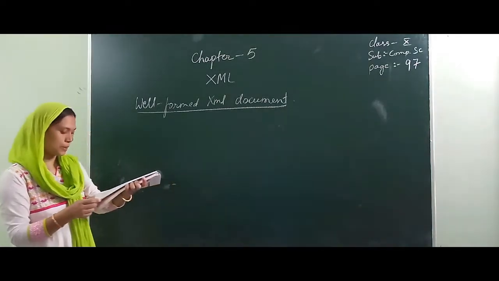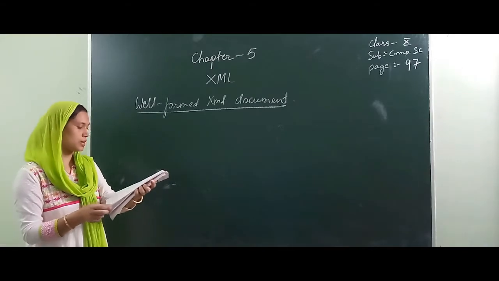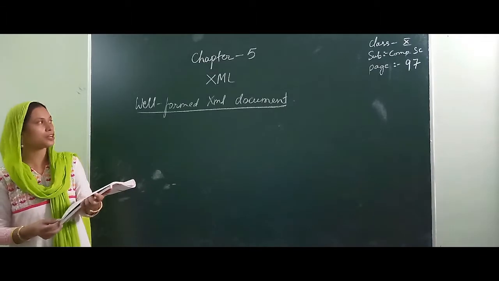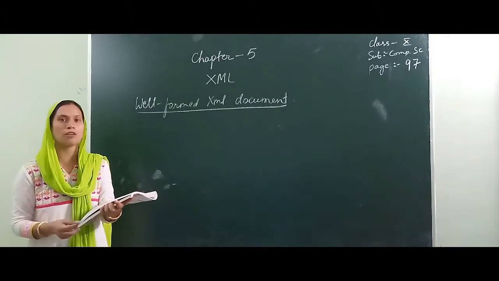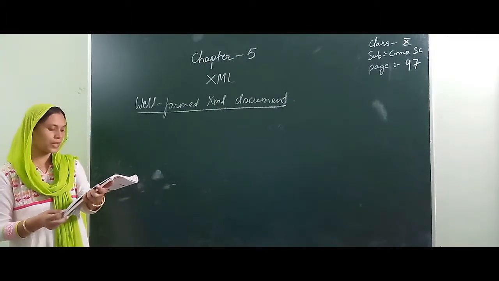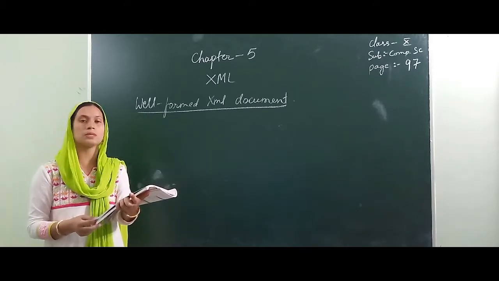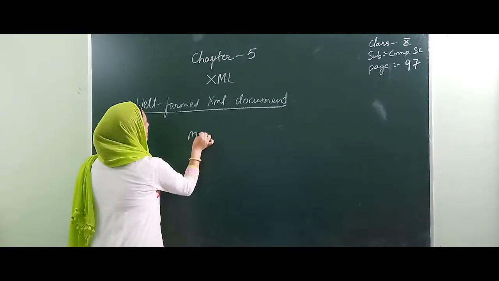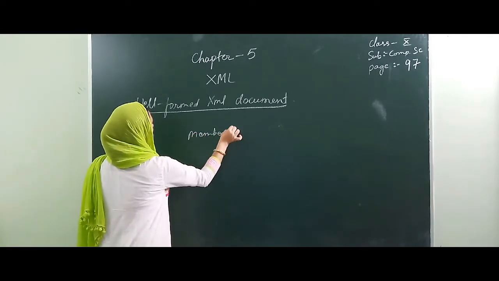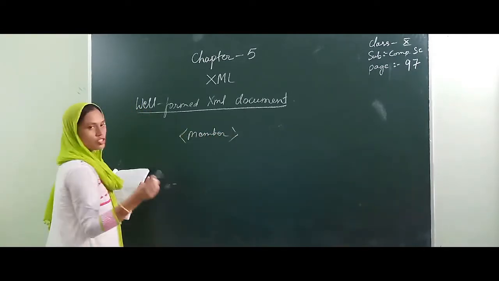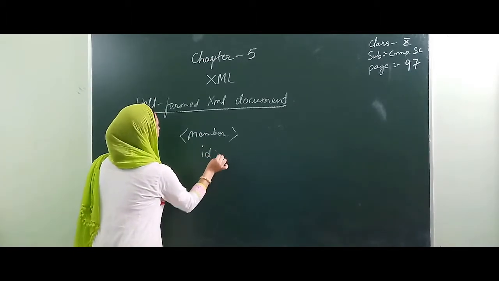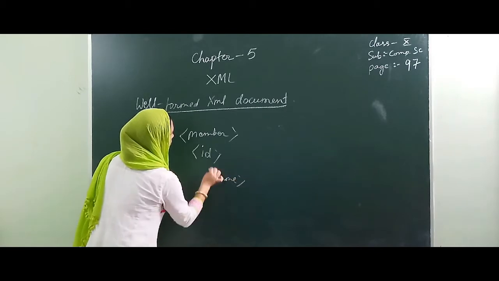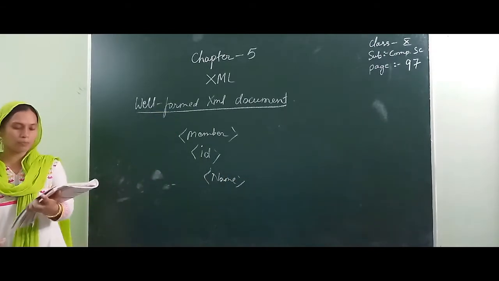For that, open page number 97. In page number 97, you will get some of the points which will indicate whether your XML document is well-formed or not. First point, the root and the child element must be nested in a proper way. That means your root element, member, and your child element ID or your child element name should be nested in a proper order.